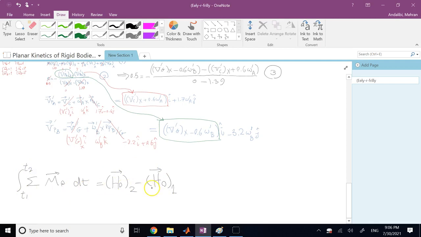This is called the principle of angular impulse and the change in angular momentum. This point O has to be either a fixed point on the rigid body to write it this way, or it has to be the centroid to write it like that.